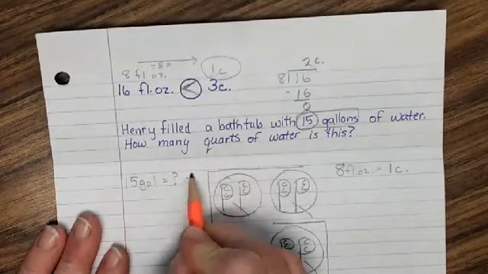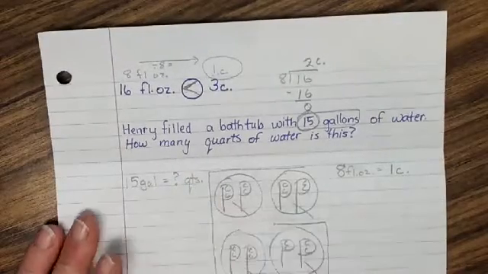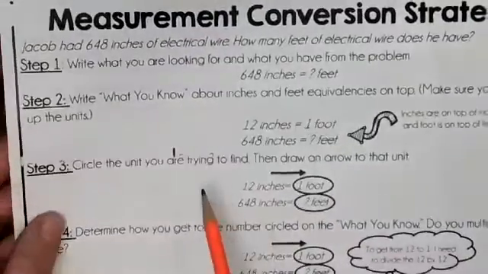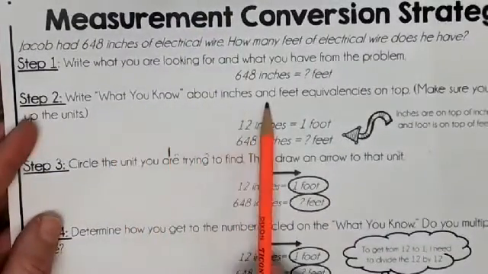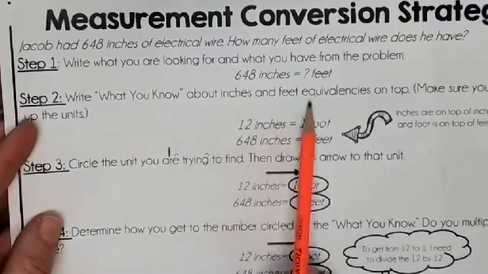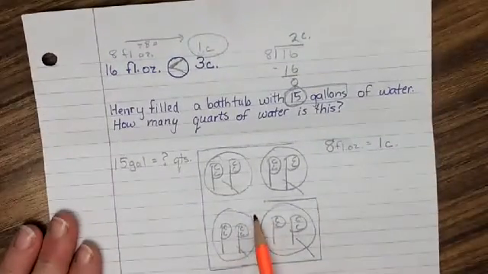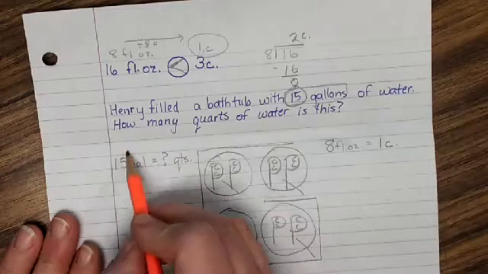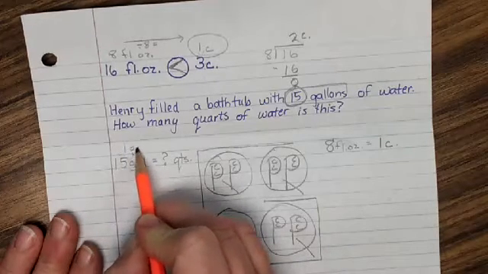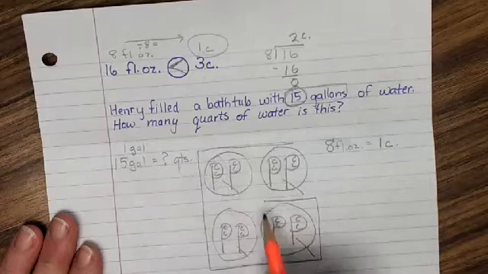Question mark, quarts. Then, we write what we know. We did inches and feet before, but now we're doing gallons and quarts equivalencies on top. If I look at my picture here, I know 1 gallon equals 1, 2, 3, 4 quarts.